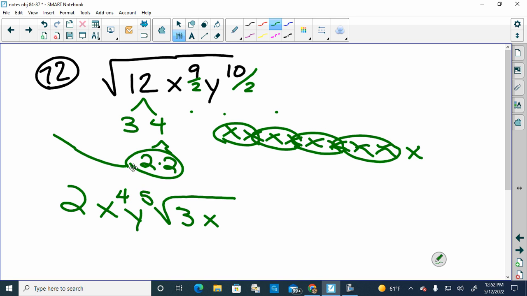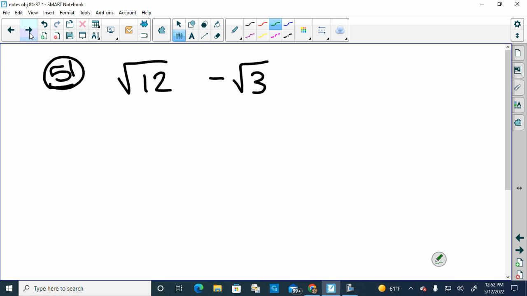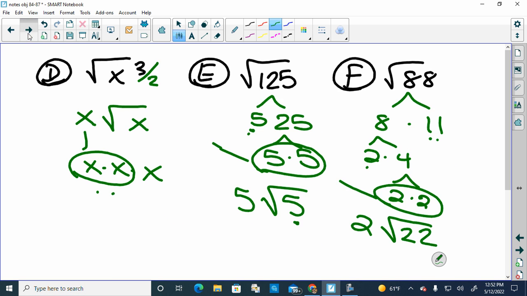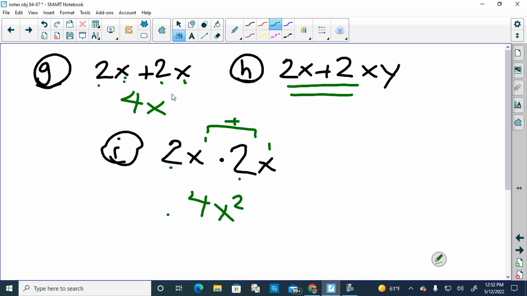You good? Okay. Besides writing this, when we're adding and subtracting, we can only add and subtract like terms.